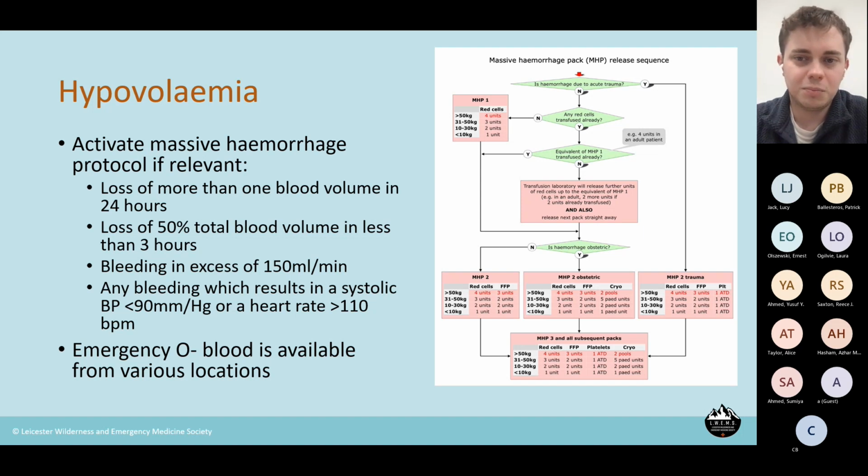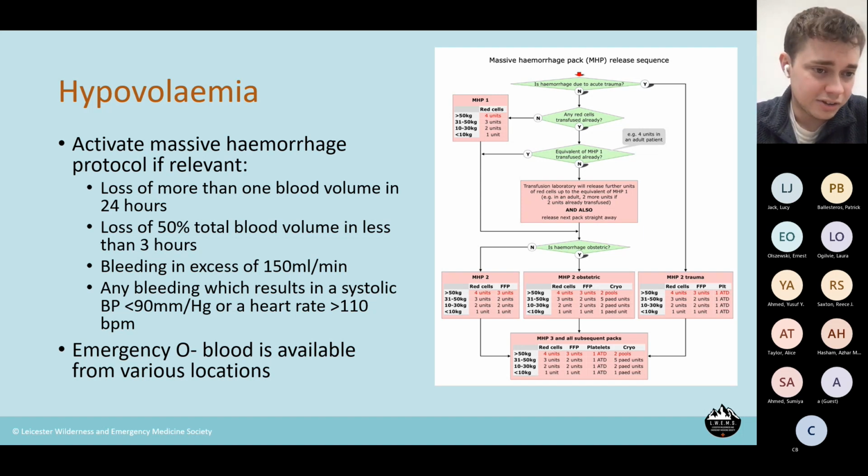So if you've lost more than 1 blood volume in 24 hours, if you've lost 50% of your total volume in less than 3 hours, any bleeding in excess of 150 mils per minute, or any bleeding which results in a systolic BP less than 90 or a heart rate above 110. Those are all thought to be definitions of massive hemorrhage.